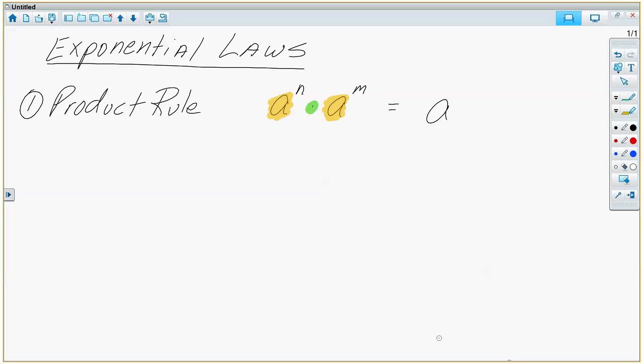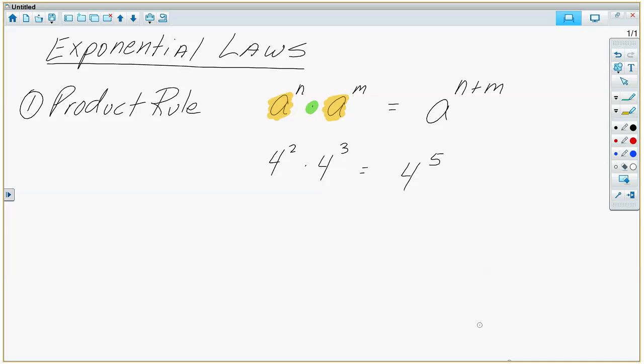Not multiplying, add them. Adding the exponents. So 4 to the second times 4 to the third is equal to 4 to the what? Fifth. And that's called the product rule.